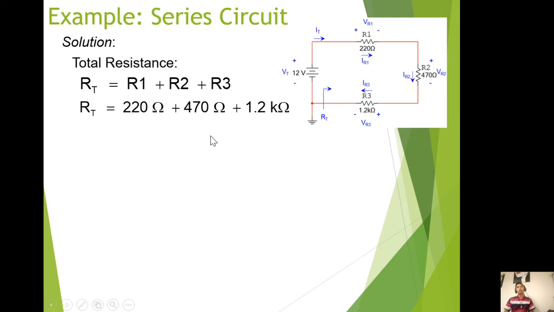So the total is supposedly 1890 ohms, since 220 plus 470 is 690, plus 1200, so 1890. That is 1.89 kilo ohms, but here they rounded it off to 1.9.